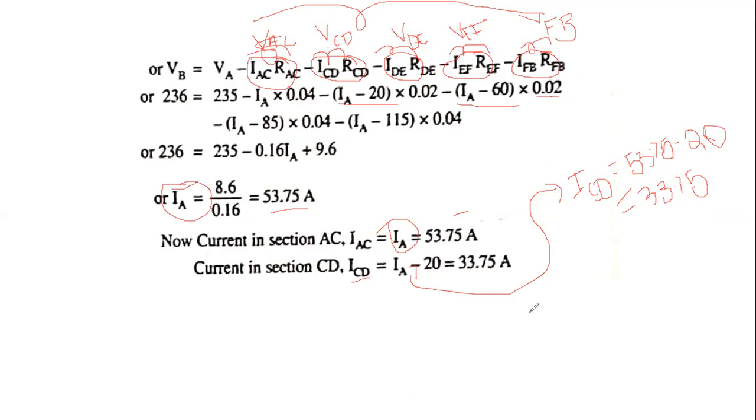Similarly, we can calculate the current at the D to E section. That is IA minus 60. What is the IA value? 53.75 minus 60.